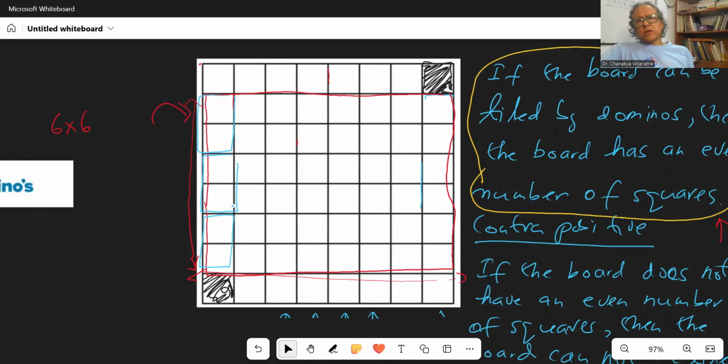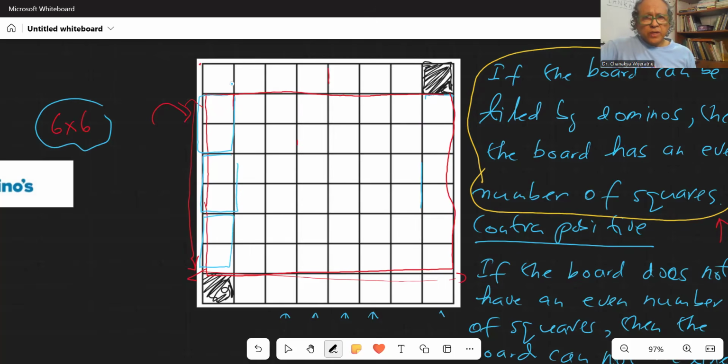And this has 8 columns. So we can tile this subboard, right? So if you can tile the rest of the board, again a subboard, right? Then this board can be tiled, right? But the rest of the board, right?